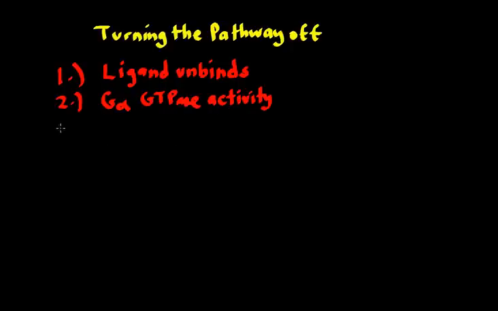Now, another mechanism that would turn off the system is cyclic AMP phosphodiesterase activity. We have our cyclic AMP molecule that we form from ATP, and remember it has that phosphodiester bond, and there are enzymes that break up that phosphodiester bond, called phosphodiesterases. So we certainly could turn off the system that way.